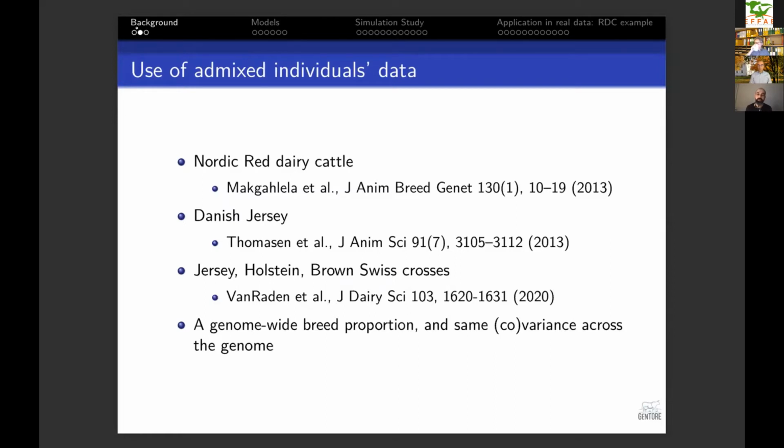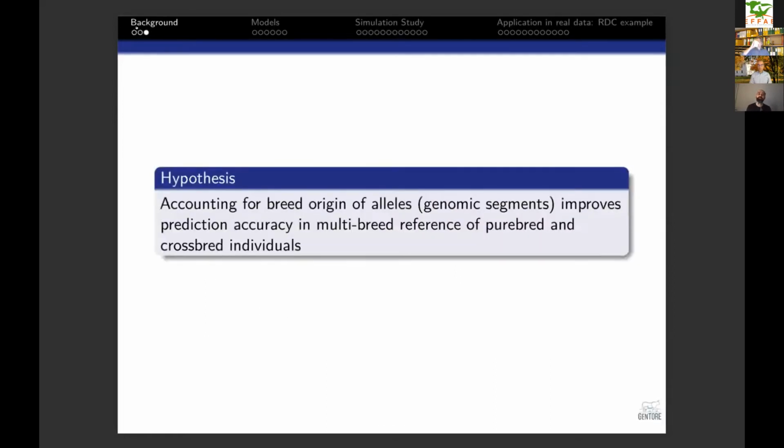If we take into account the breed origin of the segment, so let's say the breed origin of the alleles, as was done in pigs and poultry before for simple two-way crosses, we can have improved accuracies for both purebreds and crossbreds.